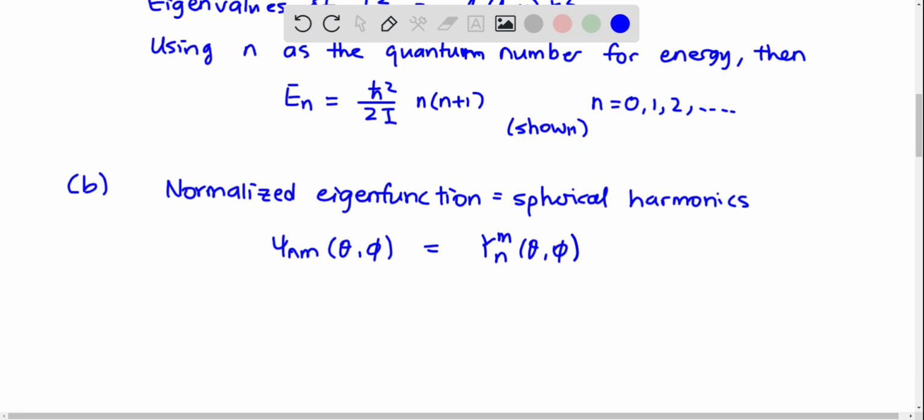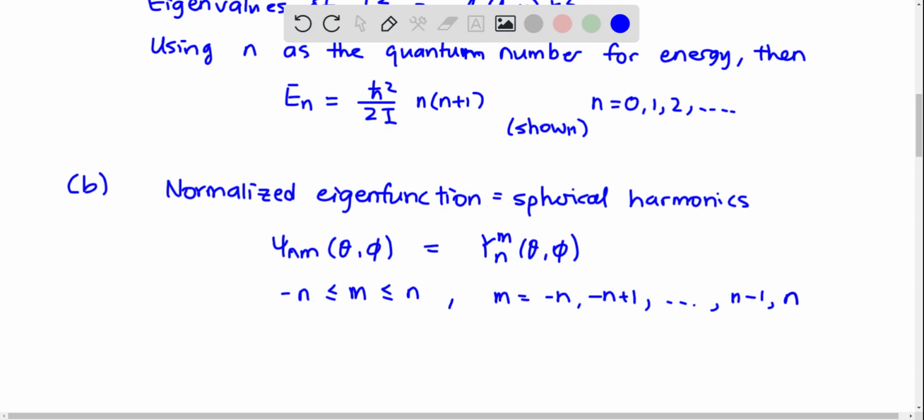And we know from the idea of angular momentum that m will be an integer between minus n to n. So m is minus n, minus n plus 1, in steps of 1 until you get n minus 1 and n.